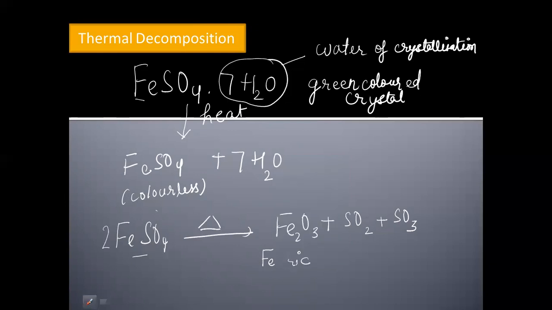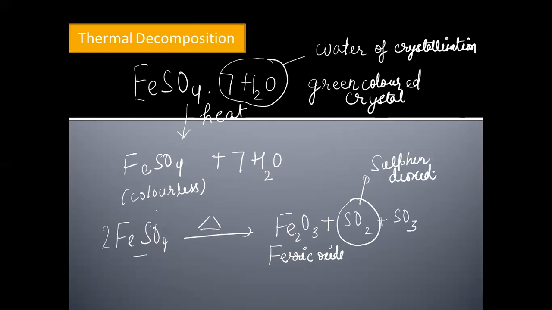I'm not able to write. Just let me check. I'll erase it to write it again. Wait, this is ferric oxide. What is this gas? This is sulfur dioxide, and this is sulfur trioxide.